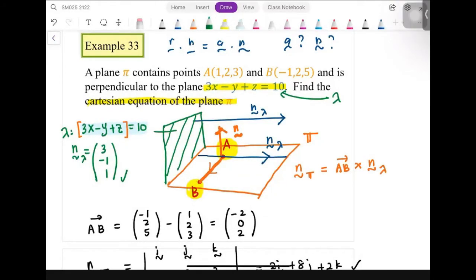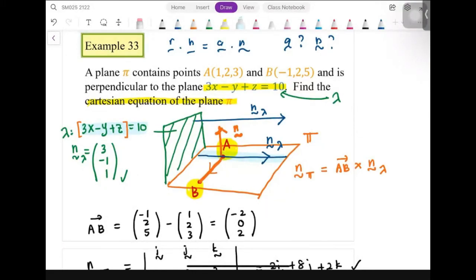Okay. So sebab dia sama atas plane kat mana-mana. So normal for lambda ada kat atas, ada kat bawah. So kalau dia ada kat bawah macam yang saya dah lukis tu, maksudnya dia akan jadi direction vector for pi. Sebab dia duduk atas plane pi. Okay. So that's the first direction vector.